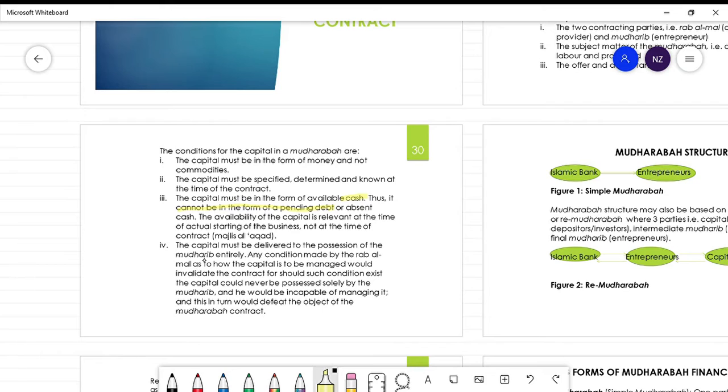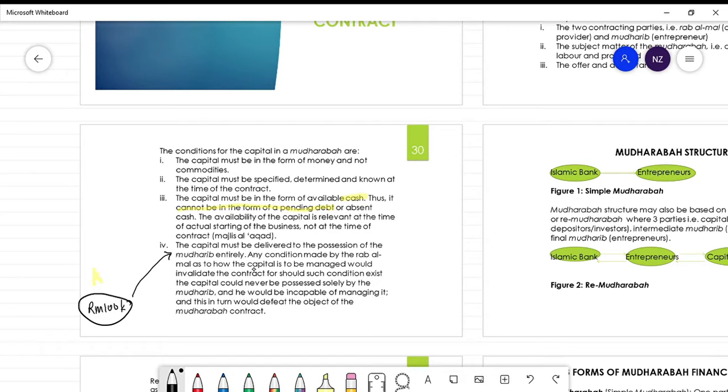Okay, on the last condition, the capital must be delivered to the possession of the Mudharib entirely. Means kalau tadi the bank said capitalnya is 100,000, kan, 100k. So the capital here dia kata must be delivered fully to the Mudharib.